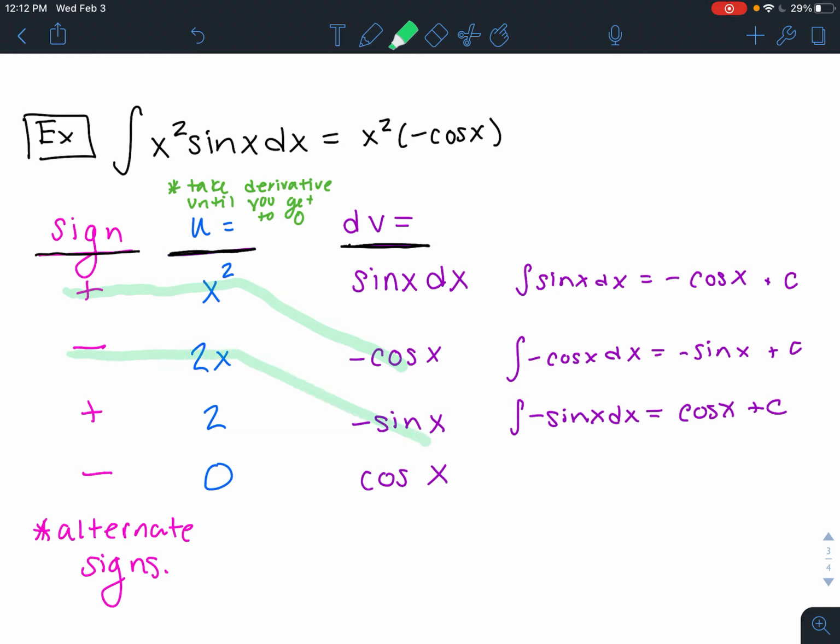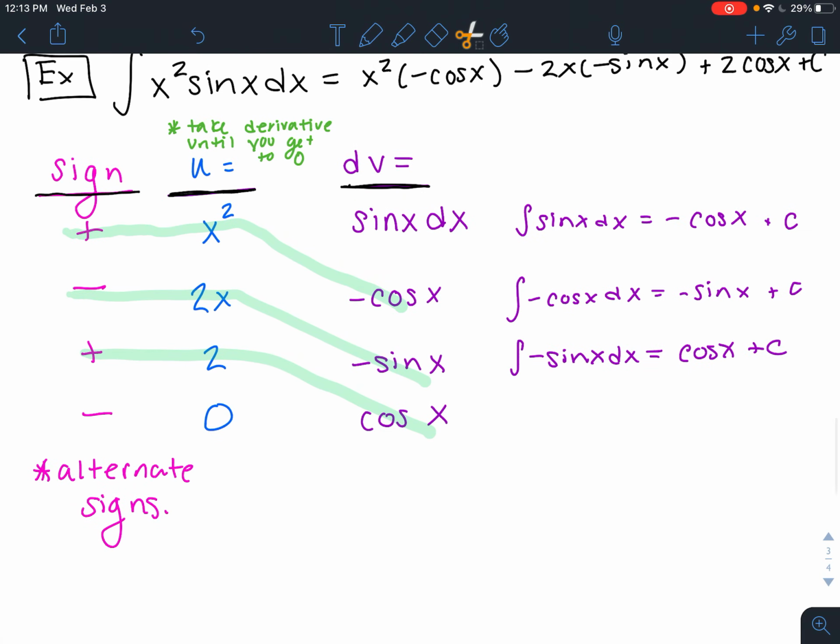And then I'm going to keep doing that. So you go, boom. So I'm going to get, right, minus 2x times negative sine of x. And then write that, right? And so then I'm all done. So I'm going to get plus 2 cosine of x, right, all plus c.